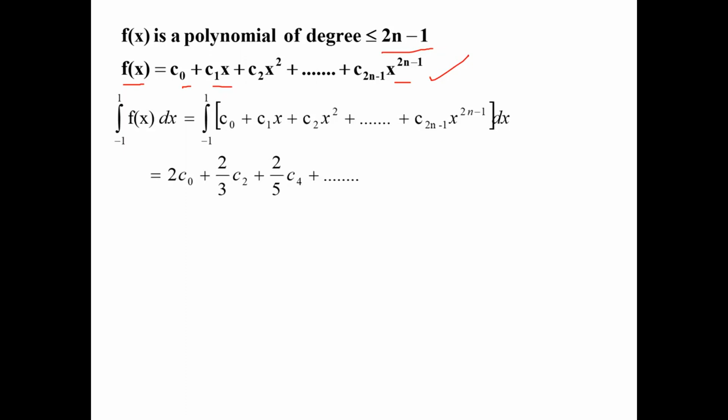Now we write this because on the left hand side it is integral -1 to 1 of this function f(x) dx. Integrate कर लेते हैं term by term, and when we do integration after putting the limits we get this value, क्योंकि यहाँ पर आ गया c0 x plus c1 x square by 2 plus c2 x cube by 3 and so on, and then we put the values -1 and 1 and we get these values.